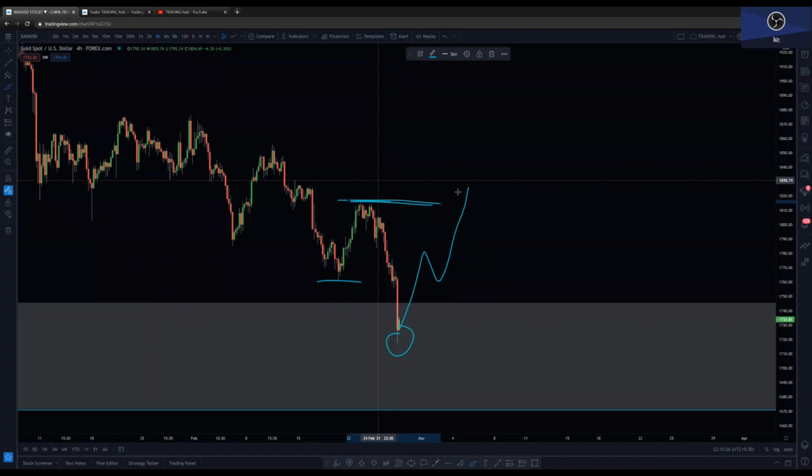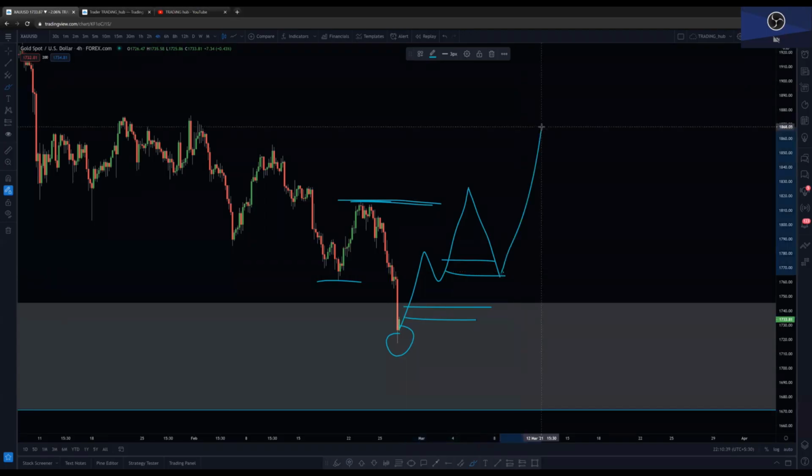Then the market takes a pullback and finds the order block in the 4 hour time frame, maybe here and maybe here. Then it takes advantage of this entry and pushes higher. So most of the time this will happen from the higher time frame to the lower time frame.